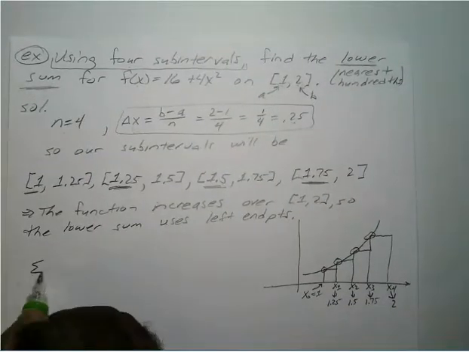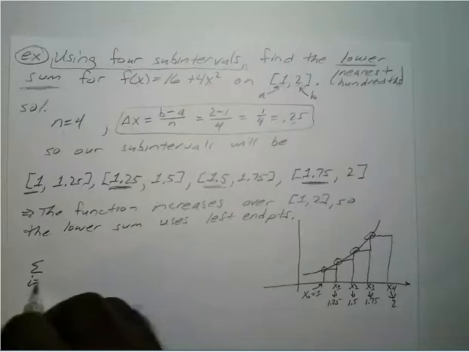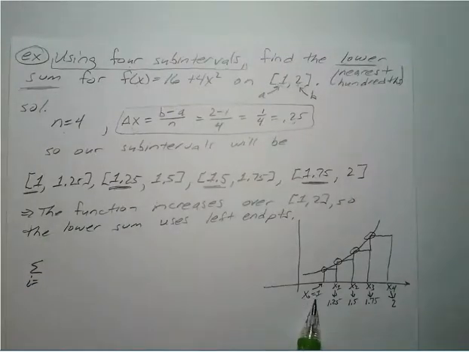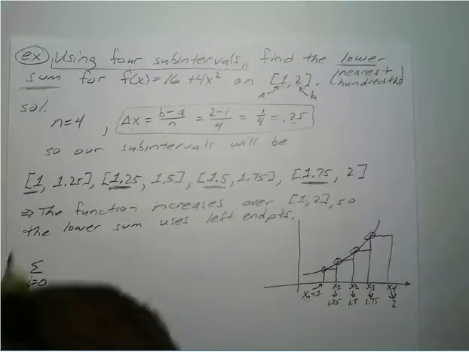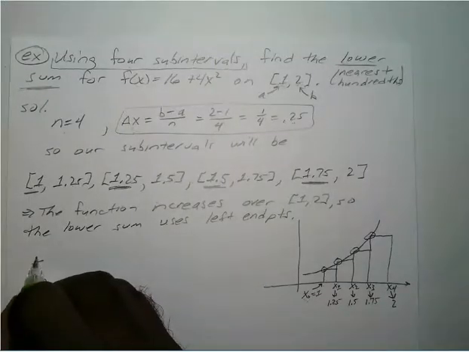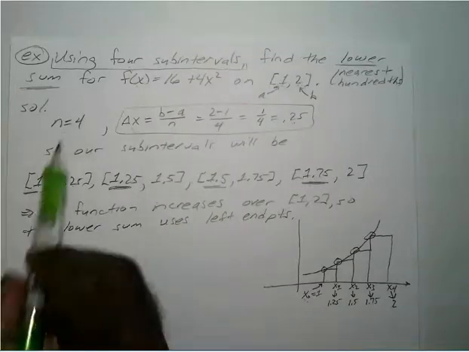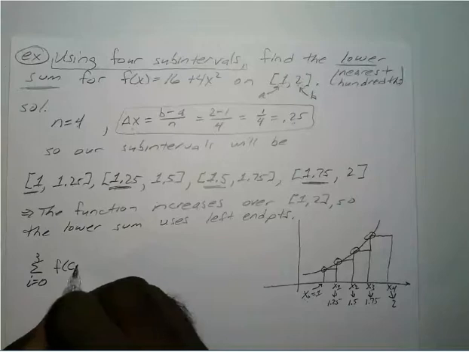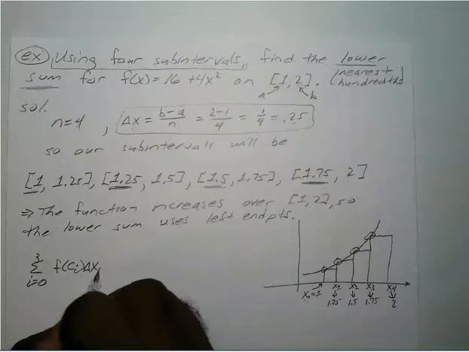Well, we're going to use the sum from i equals 0, because we're starting right at 1. So we're going to go from i equals 0, since that's x sub 0, to 3, because remember our n is equal to 3, of f of c sub i delta x sub i.